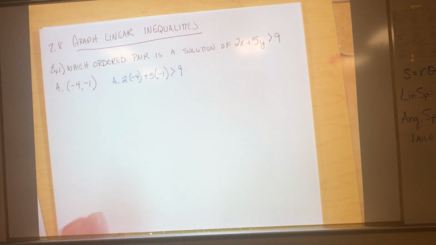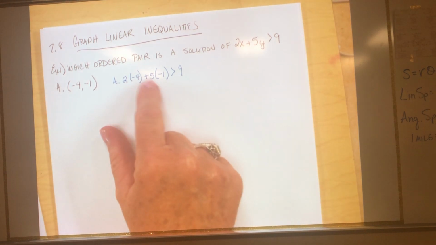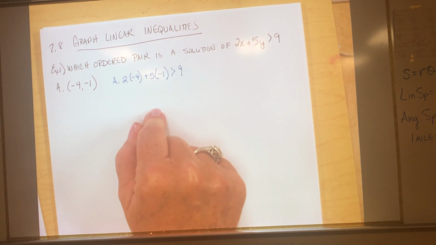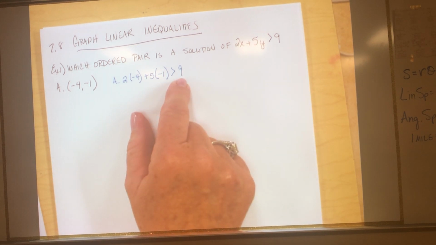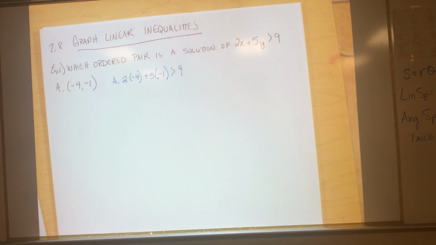All right? Now look, people, if this was a test, what would I do right now? Cross that out. Use calculator. I would pick my calculator up, I would say 2 times -4 plus 5 times -1, bam, and I would say, are you greater than 9? Yes, circle it. No, cross it out and move on to the next one.